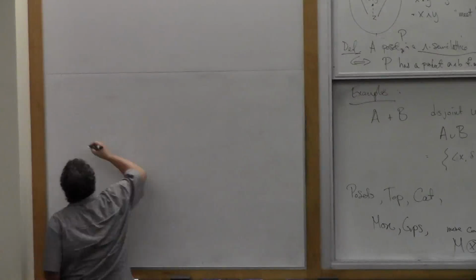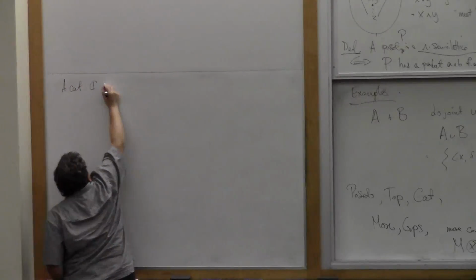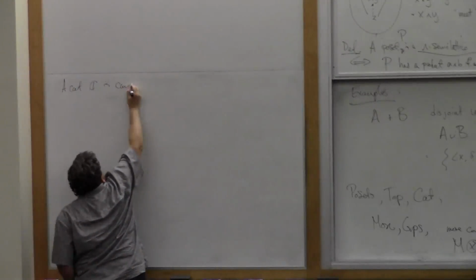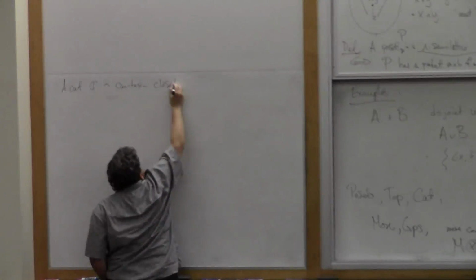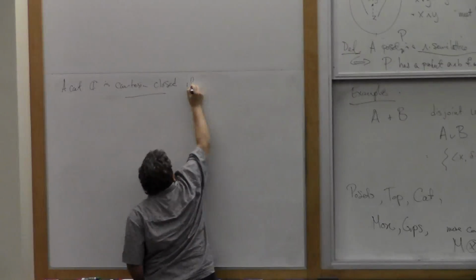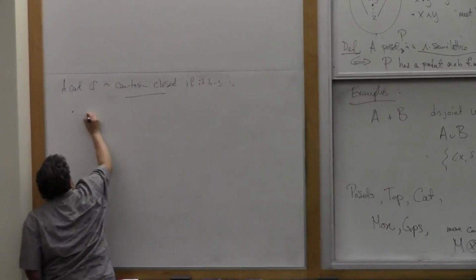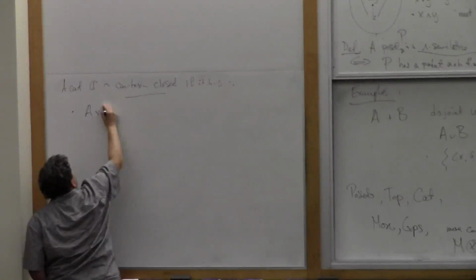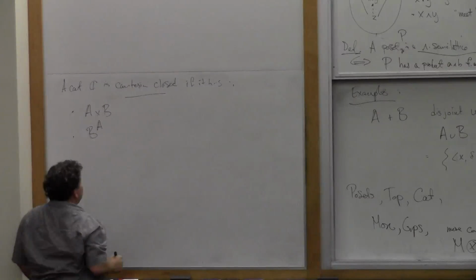So a category is Cartesian closed if it has the following: it has products for any pair of objects. It has exponentials for any pair of objects.